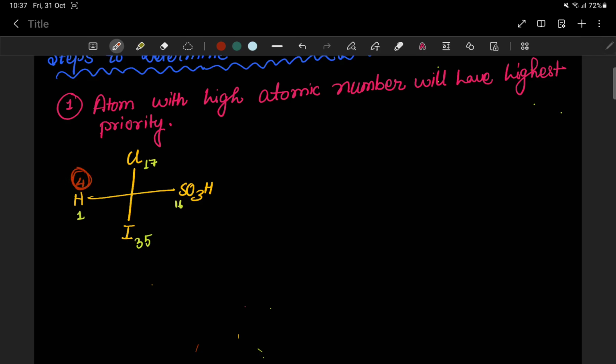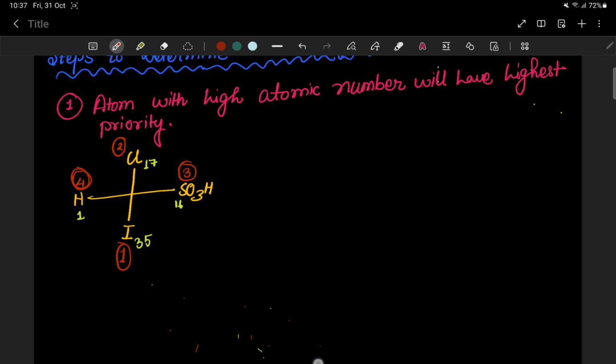Here I will show you. The highest one is coming over here, iodine. I'm giving it 1. Then the second order is this one, 2, and here it is 3.